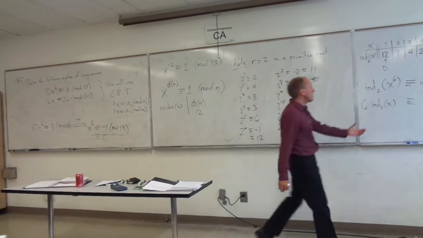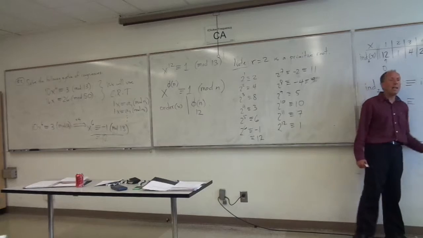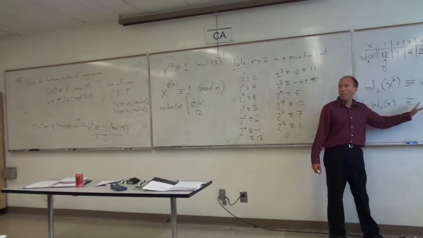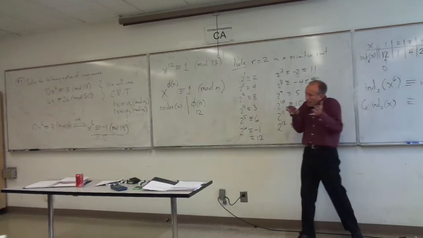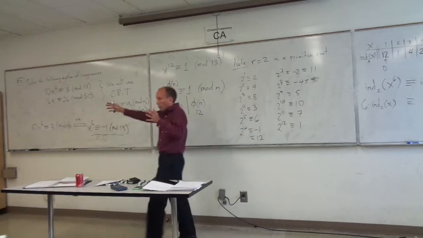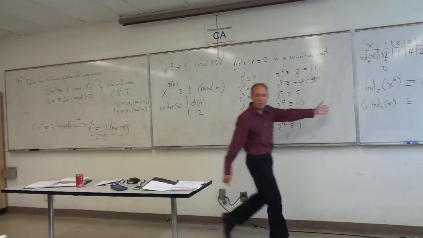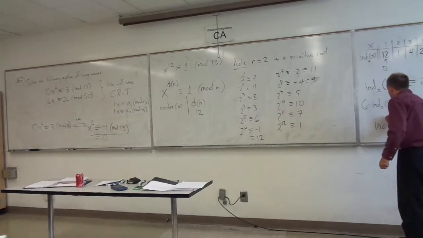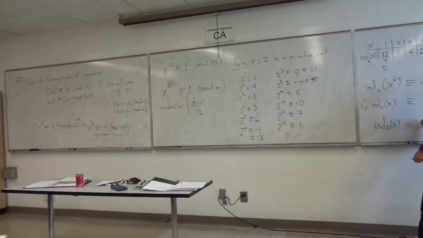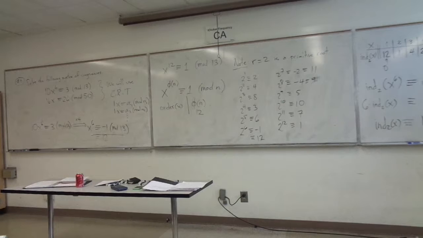This is just another way of saying that 12 divides the difference of these two numbers. So if you took a factor of 6 out of both the 12 and the difference of these two numbers, you would just end up with the following congruence. Index of x is 1 in mod 2. And that's really just another way of saying that the index of x should be an odd number.